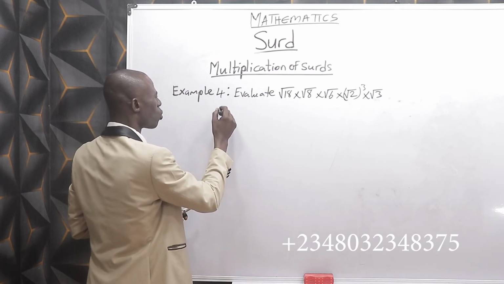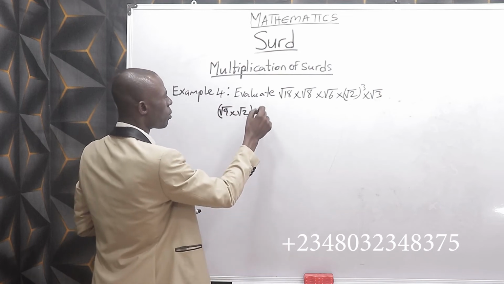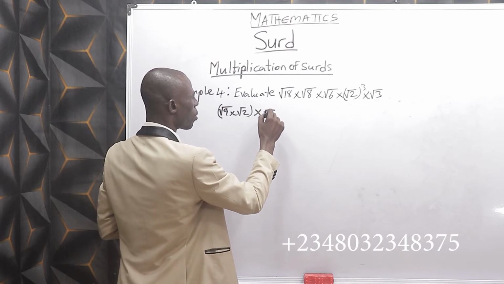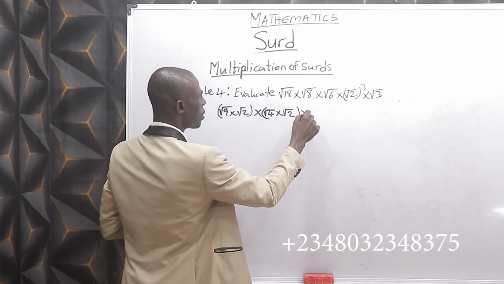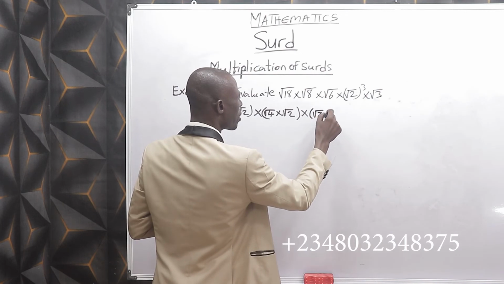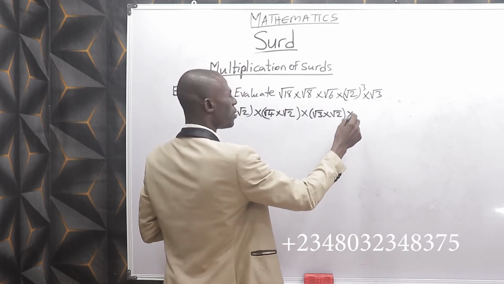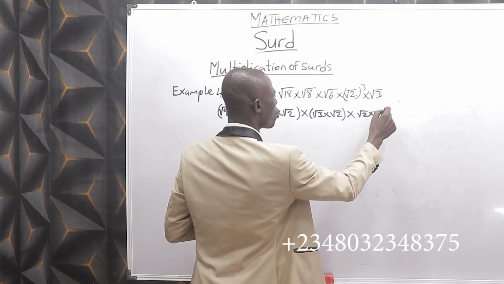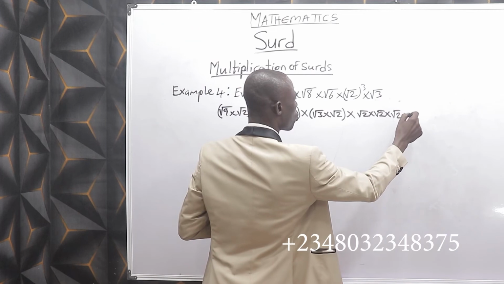Breaking root 18 into root 9 times root 2, times break root 8 to root 4 times root 2, times break root 6 to root 3 times root 2. And root 2 raised to power 3 means root 2 times root 2 times root 2. Then the last one, root 3.